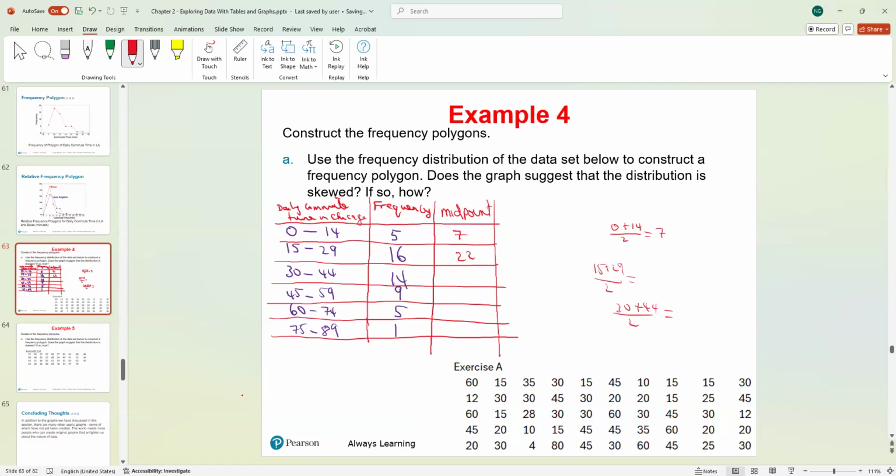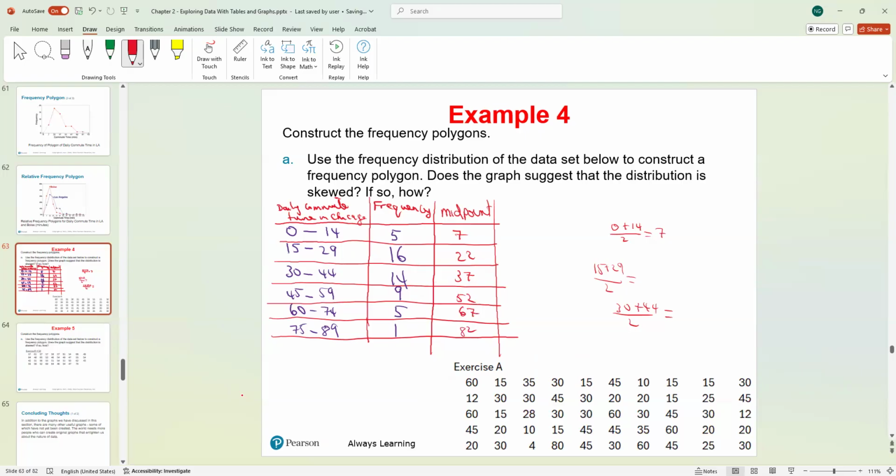So 30 plus 44 divided by 2, that's 37. All right, and we said 60 plus 74 divided by 2, that would make it 52, right? And next would be 67, and next would be 82, right? So those are the midpoints.